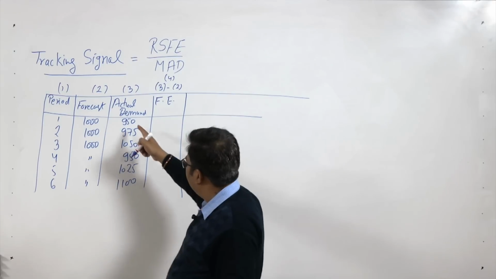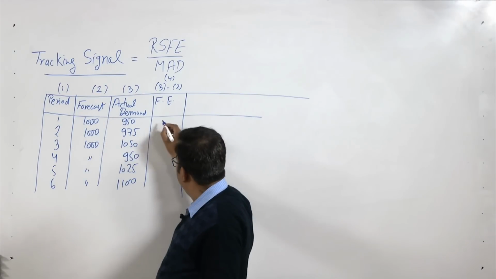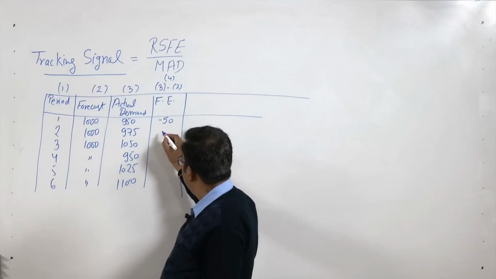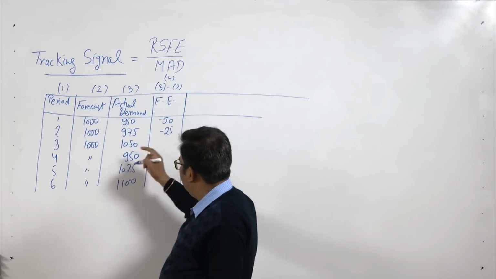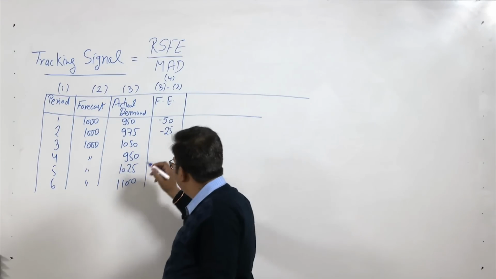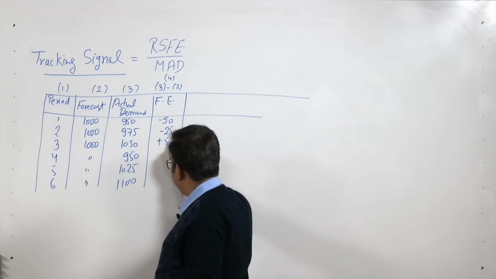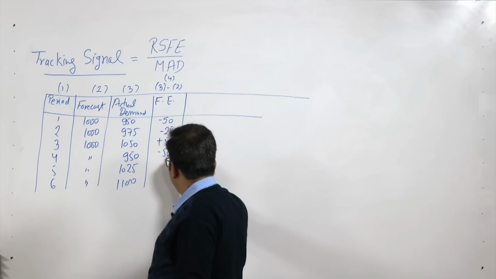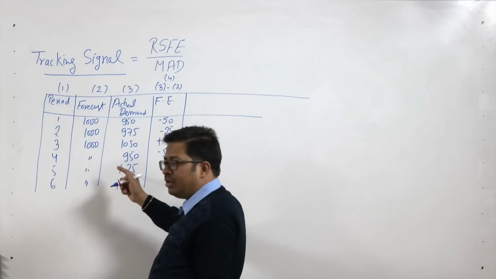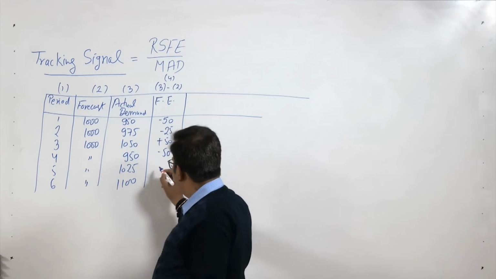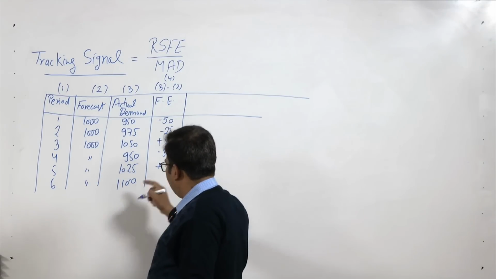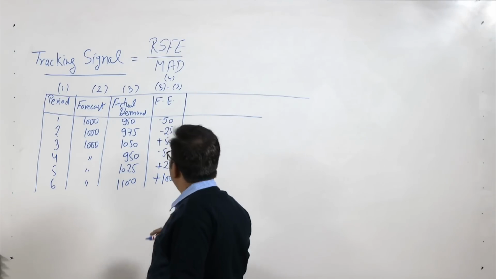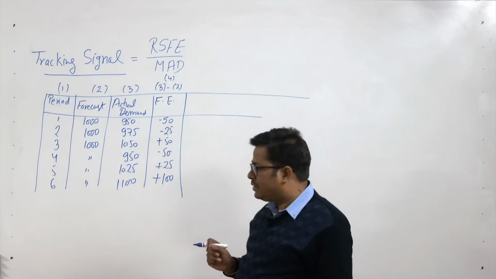Now, 950 minus 1000, this is minus 50, 975 minus 1000, this is minus 25, 1050 minus 1000, this is plus 50, 950 minus 1000 again minus 50, 1025 minus 1000 plus 25, 1100 minus 1000 plus 100. So, these are the forecasting errors.